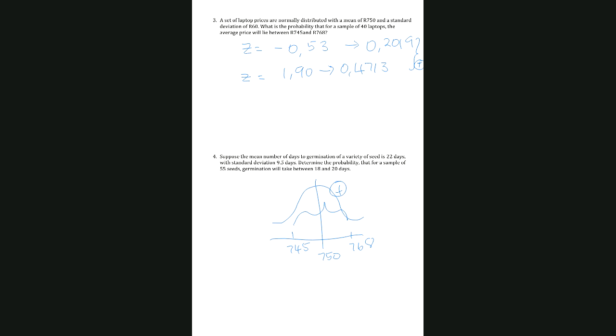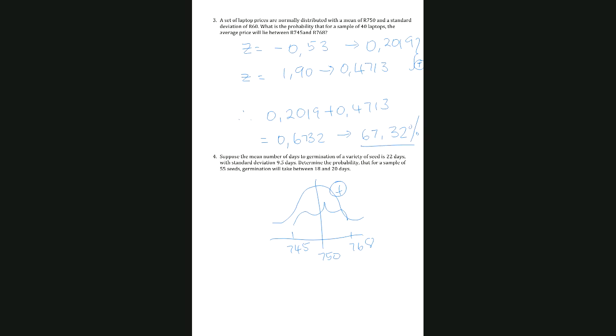So you would then say that therefore 0.2019 plus 0.4713 is then going to give you a final answer of 0.6732, which is, as a percentage, 67.32%.